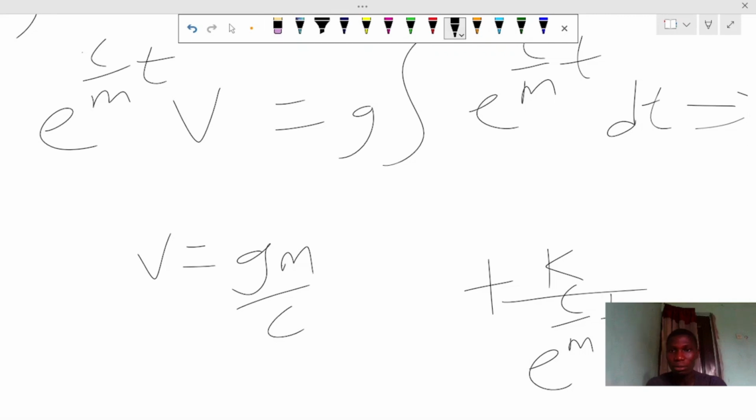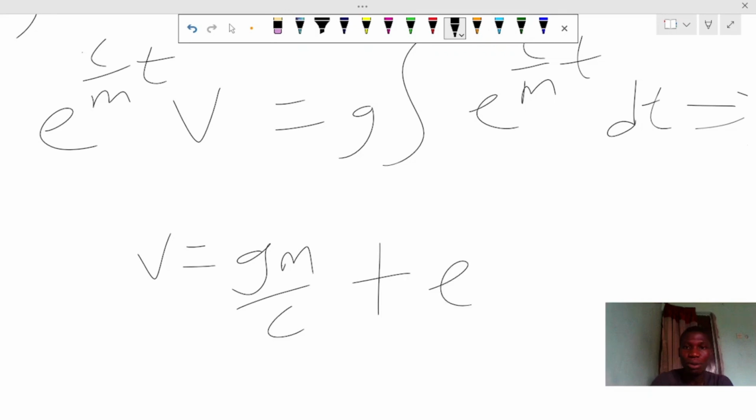If we do that, we can bring this up here, considering the laws of indices, which will give us plus e raised to the power negative cmt multiplied by k, equation ii.